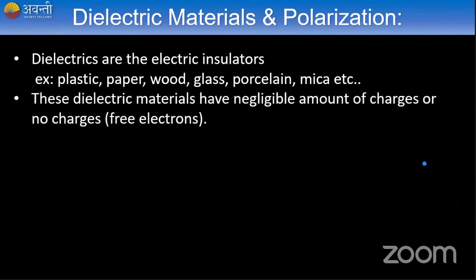So dielectric materials have negligible amounts of charges. Actually, why they don't conduct is that they have negligible amounts of charges or no charges. So guys, I hope in your chemistry you might have considered this.